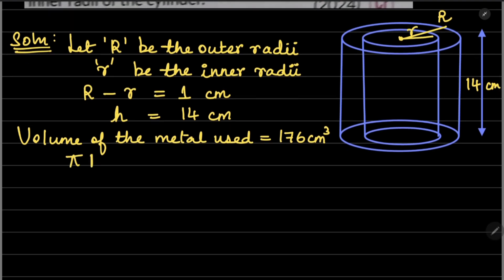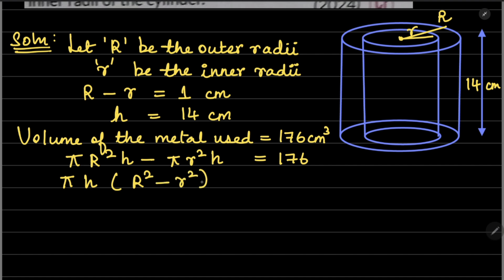So the outer cylinder is pi R square h, minus the inner cylinder's volume, pi small letter r square h, is equal to 176. Take pi and h common, you will have pi h into capital R square minus small letter r square equal to 176.